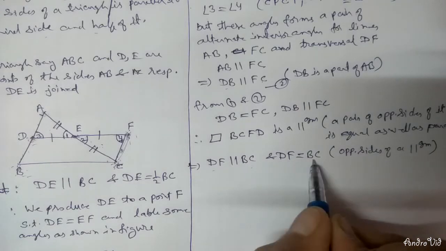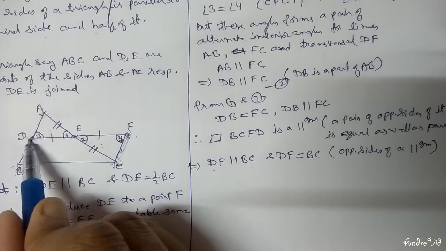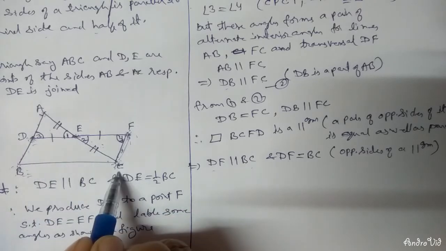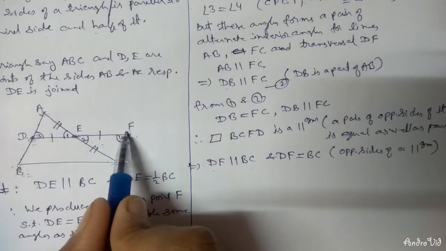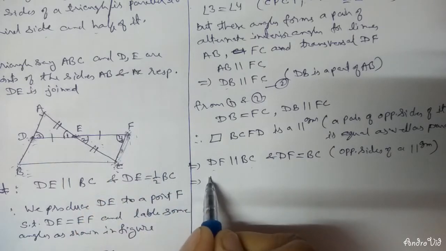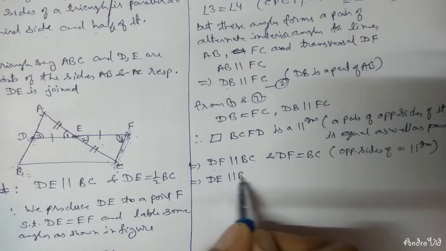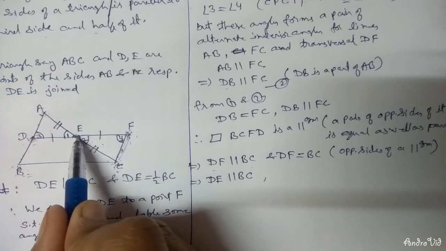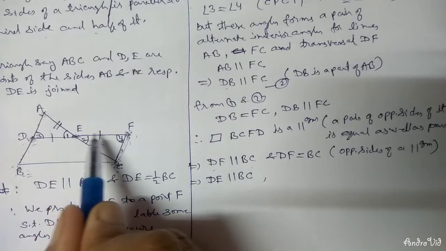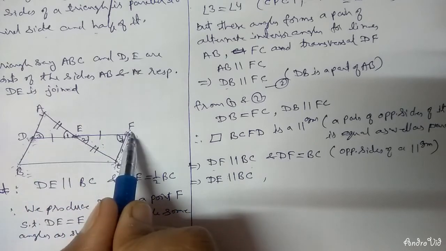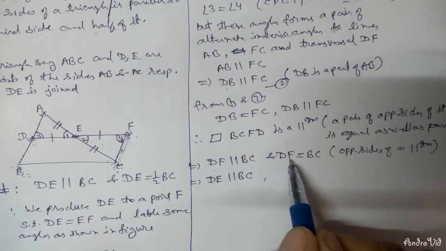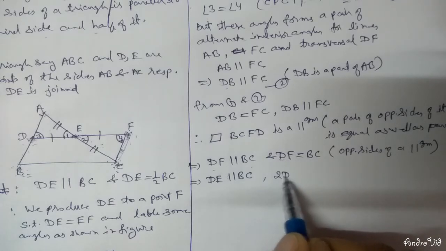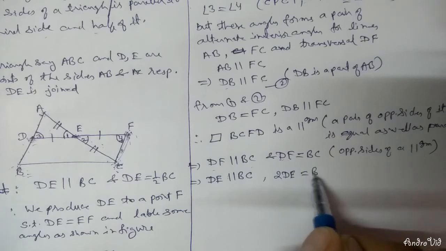Now as DF is parallel to BC, DE will also be parallel to BC because DE is a part of DF. And DF is double of DE because we constructed DE equal to EF. So double of DE is equal to BC.